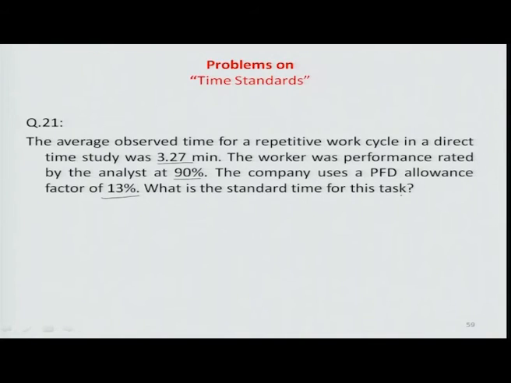Okay. So given that, average observed time is equal to 3.27 minutes, performance rating was 90%, done by the analyst, and the company uses a PFD allowance of 13%.